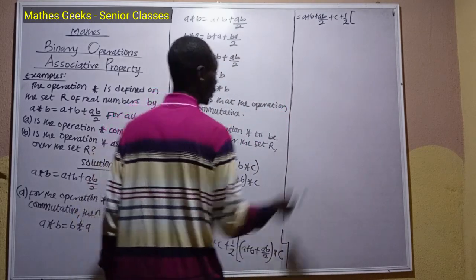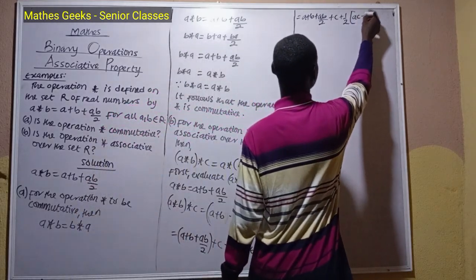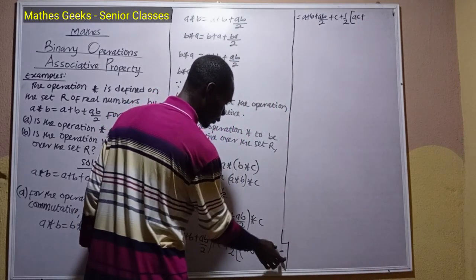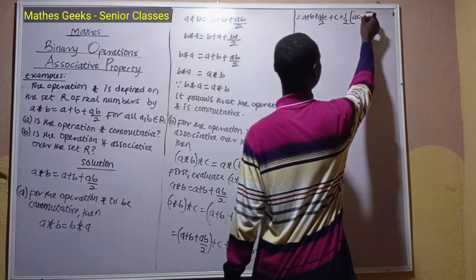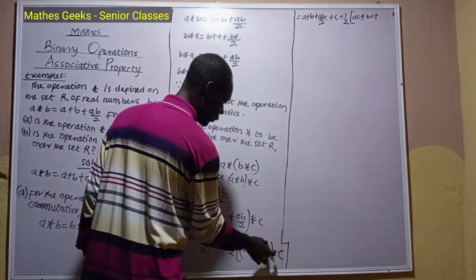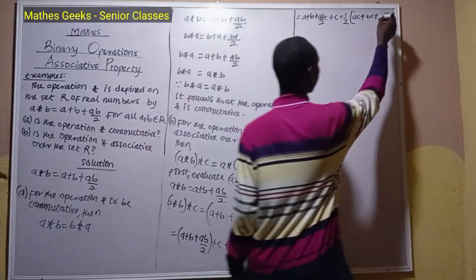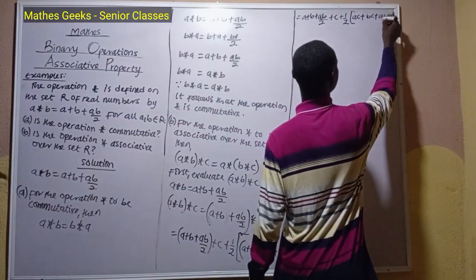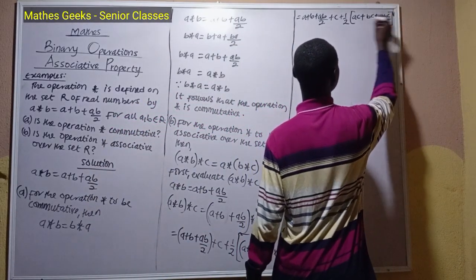C times A is AC, plus B times C is BC, plus AB times C is ABC, plus ABC over 2.